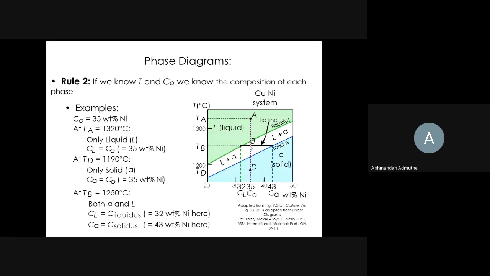So locate point B, draw the tie line, extend it up to the liquidus line and solidus line, and find out the compositions corresponding to each. You will get the composition of the liquid phase and of the solid phase respectively. So here the composition of liquid is 32 weight percent nickel and the composition of solid is 43 weight percent nickel.